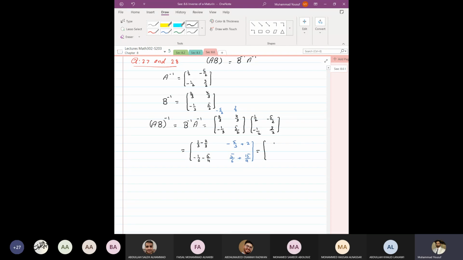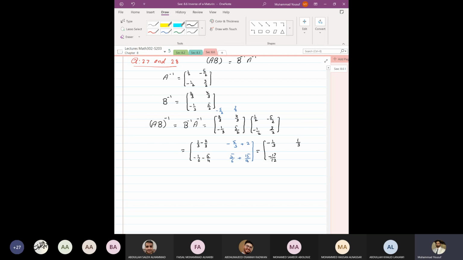2 over 3, 1 over 3 minus 2 over 3 is minus 1 over 3. And here we will have 12 as a common denominator. So minus 2 and 3, 15, minus 17 over 12. And then minus 6 minus 5, 1 over 3.